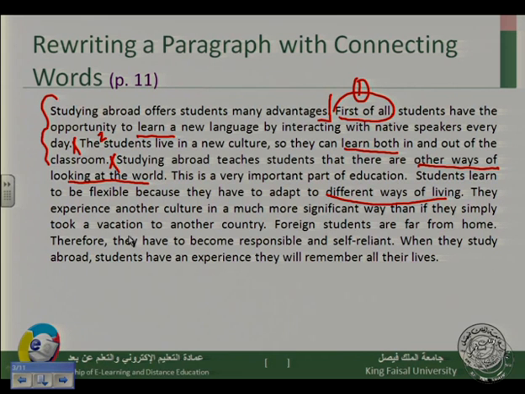It's important that you relate these ideas using what we call connecting words.